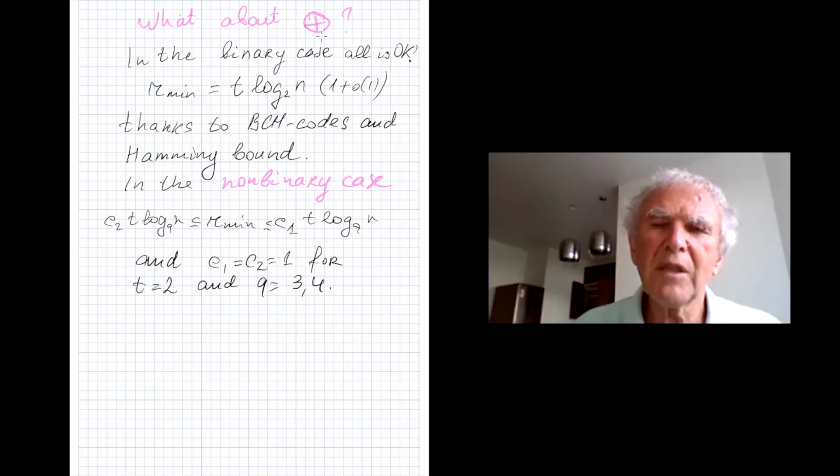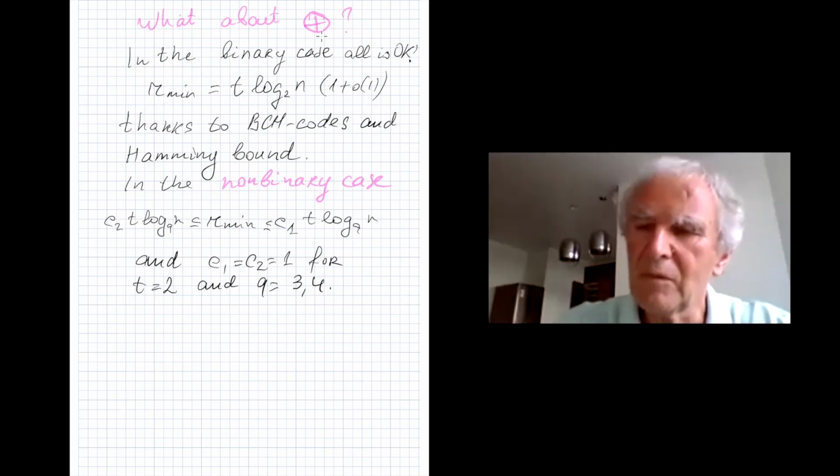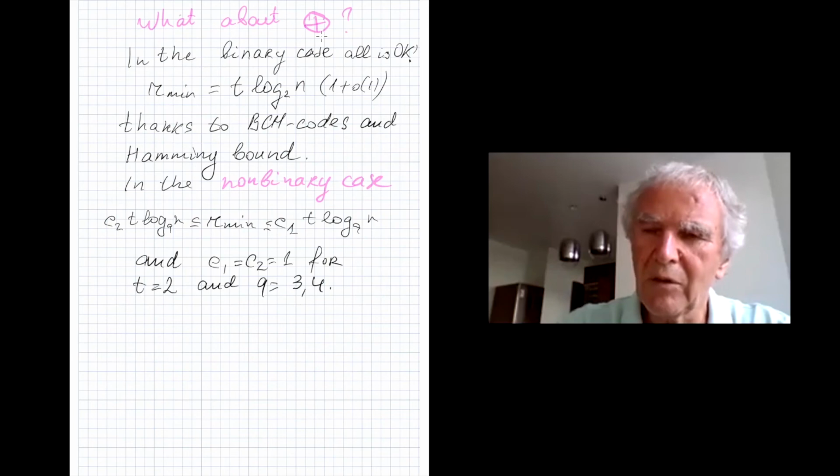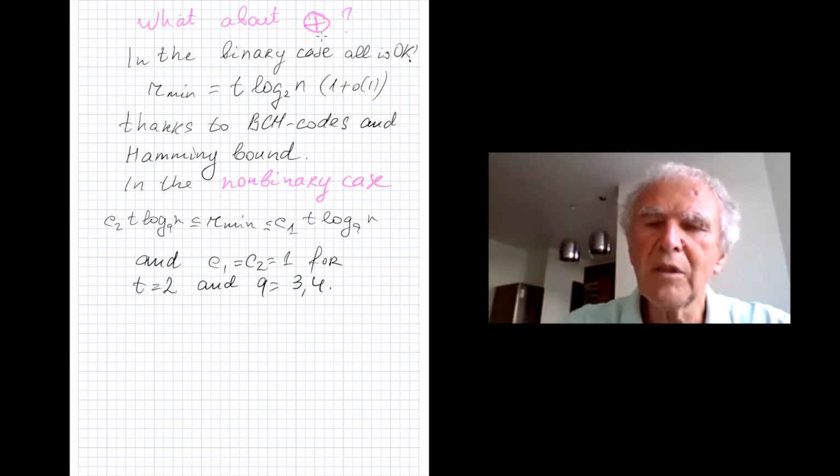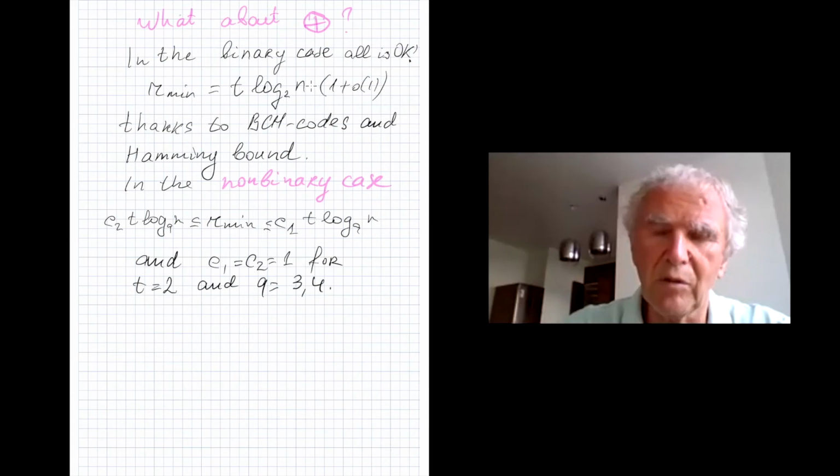The easiest case, as I said, was when we know the cardinality of an intersection modulo 2. And why do we know that in this case the minimum is T times binary log n? Because H is known in coding theory as the parity check matrix of a linear code.